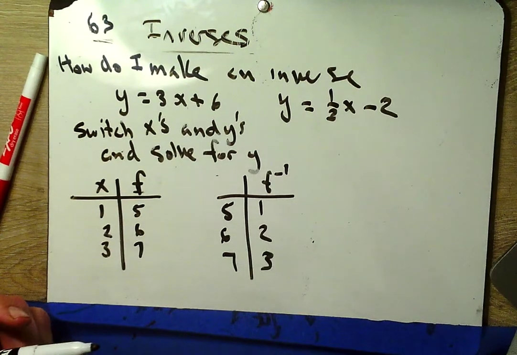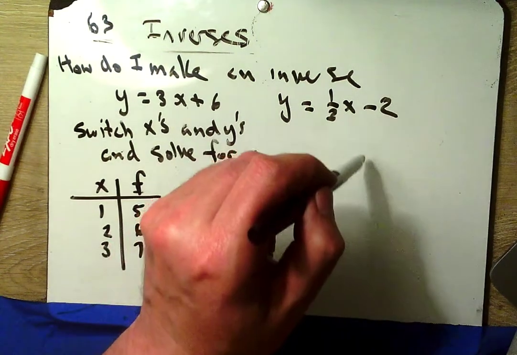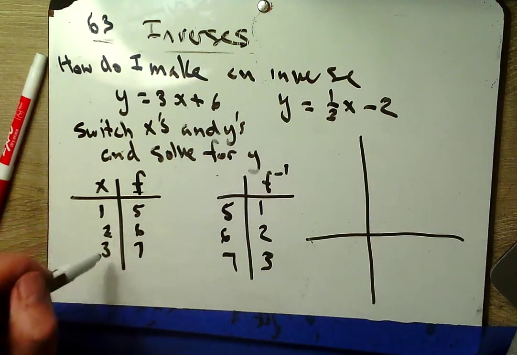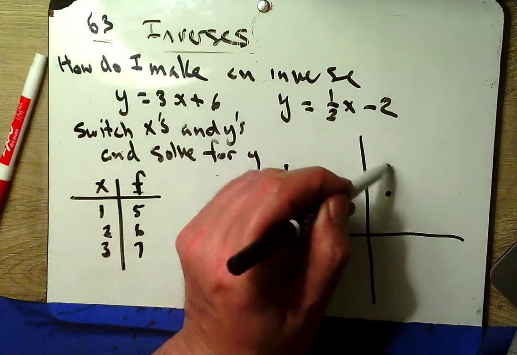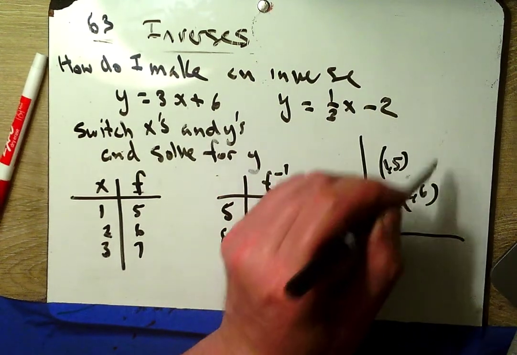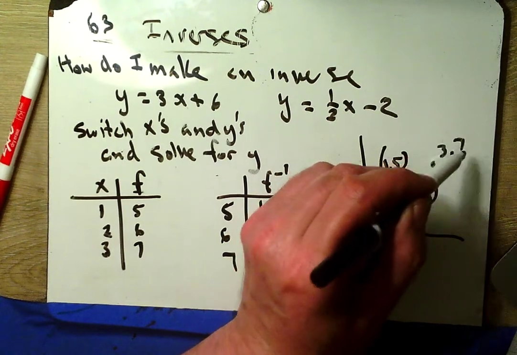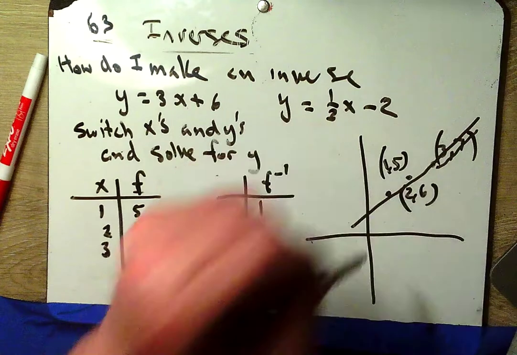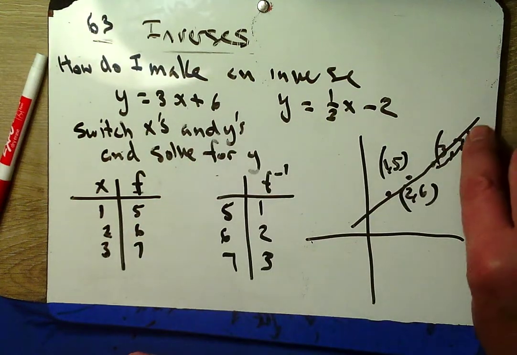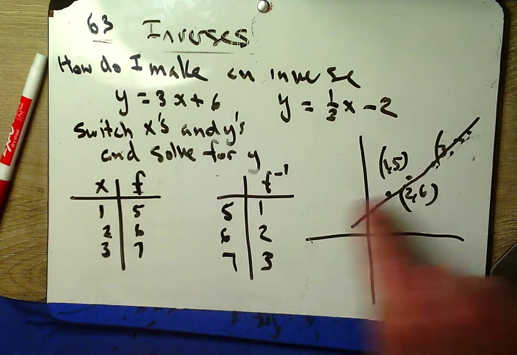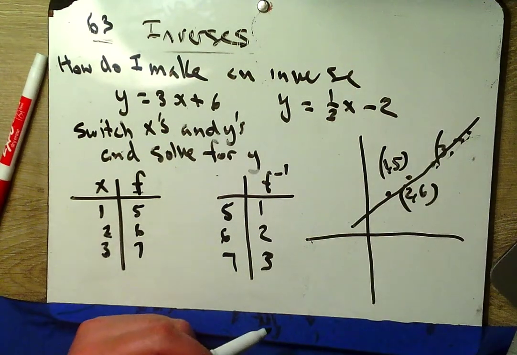Now, what about graphically? If I see these points, 1, 5, 2, 6, 3, 7. Okay, I've got this function. I see that this function passes the horizontal line test, so I know an inverse exists.